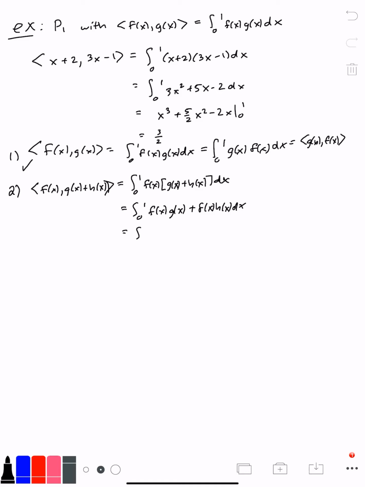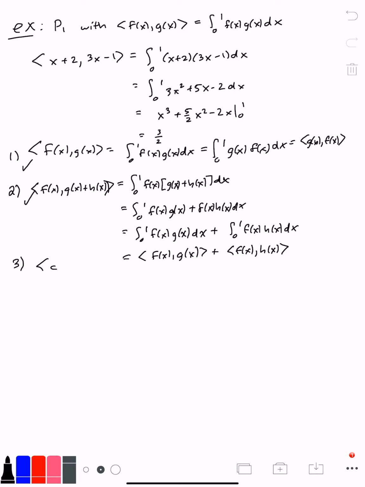And then we know by properties of integrals that you can in fact break this up into 2 separate integrals when you're adding inside. And that's the same as f of x inner product with g of x plus f of x inner product with h of x. So it does satisfy condition 2.